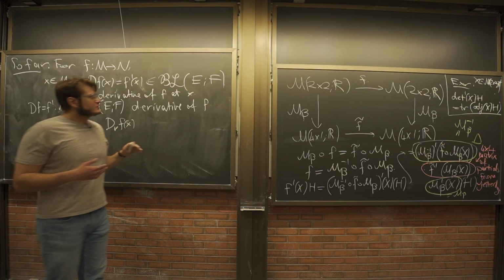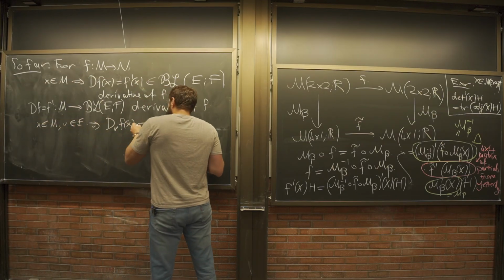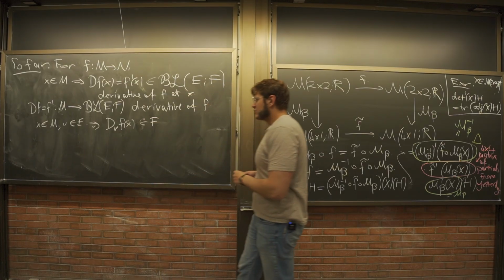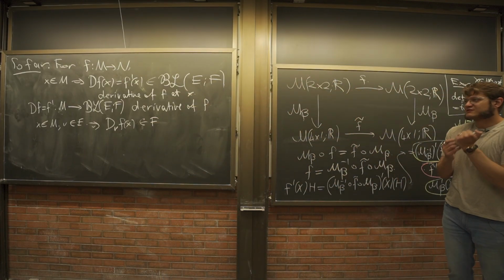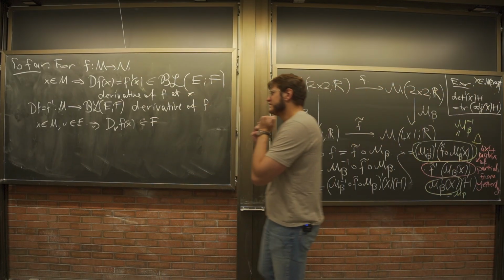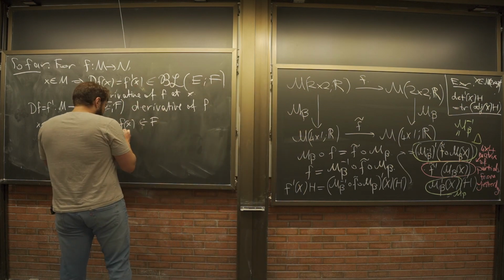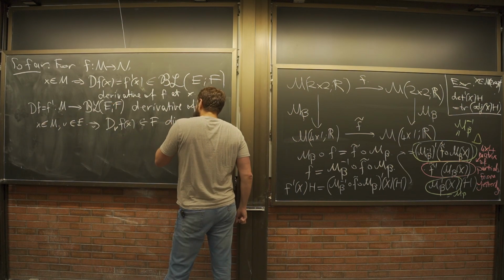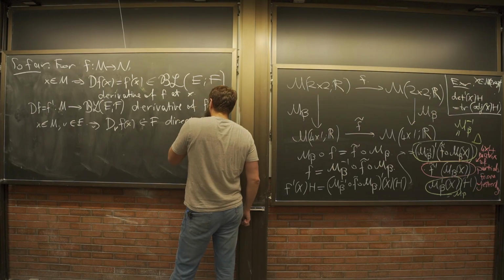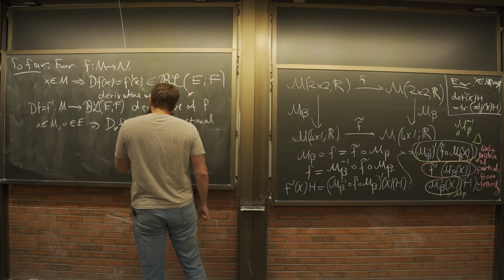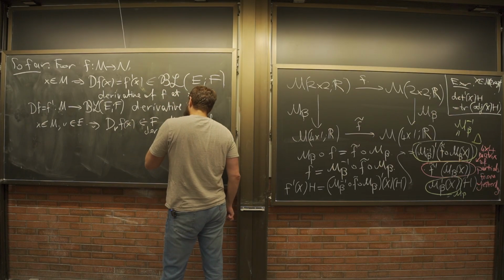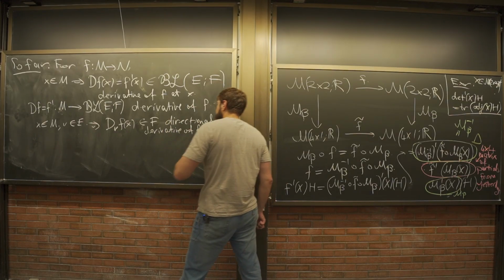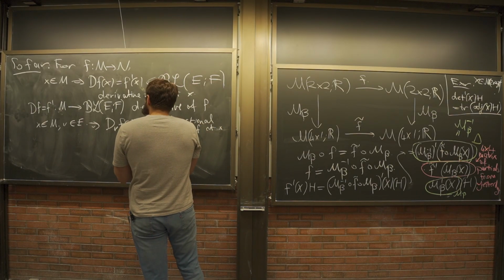It is ultimately, but this is the first way to think about it. Everything can be thought of as everything else, of course, but this is the first interpretation I would suggest you have in mind. So it's a vector, okay? Directional derivative of f at x in the direction of v.